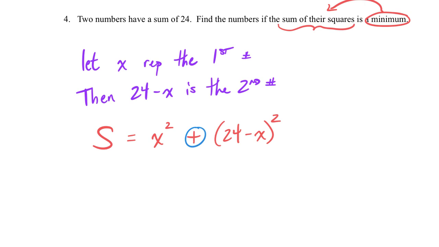It is a sum of their squares. So what you have in red is all the possible sums of squares of two numbers that have a sum of 24. What we're looking for is when that one has a minimum.